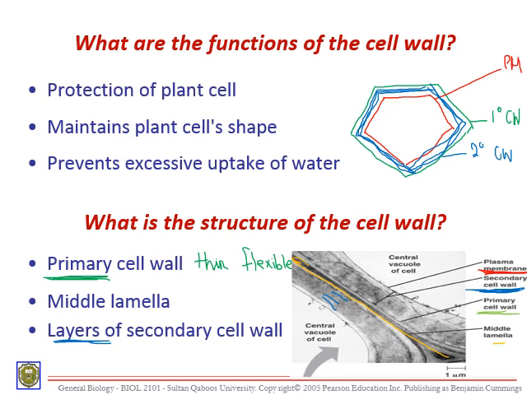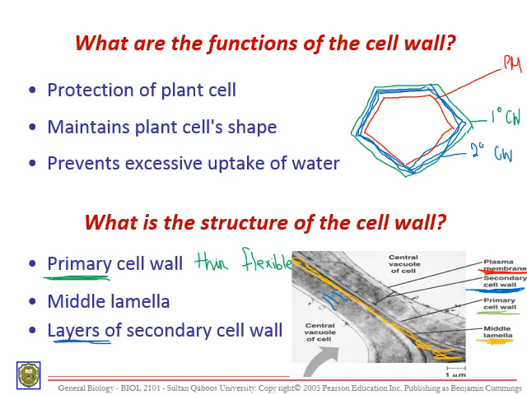Now, this middle lamella is a sticky polysaccharide that sticks two plant cells together. So this is known as the middle lamella.